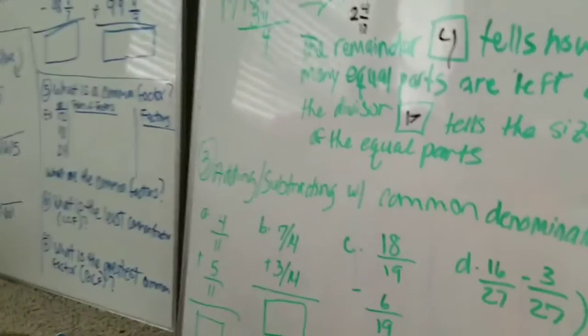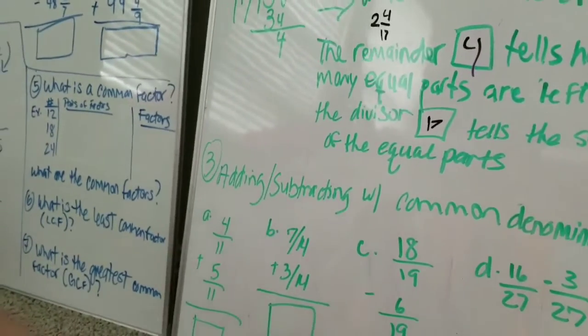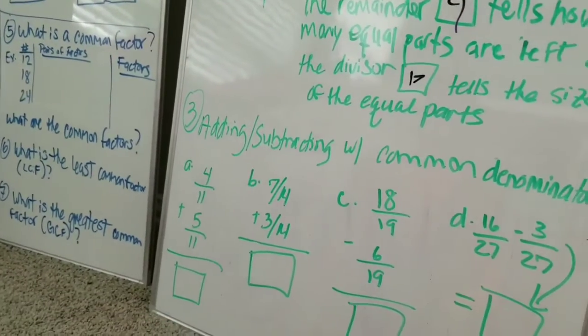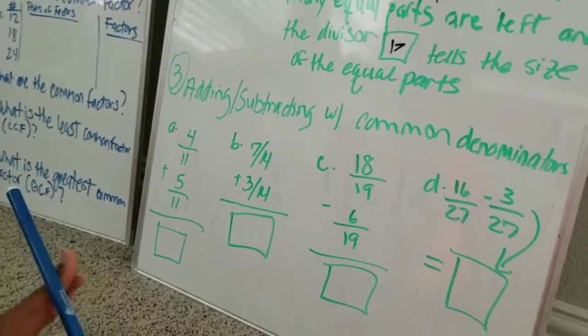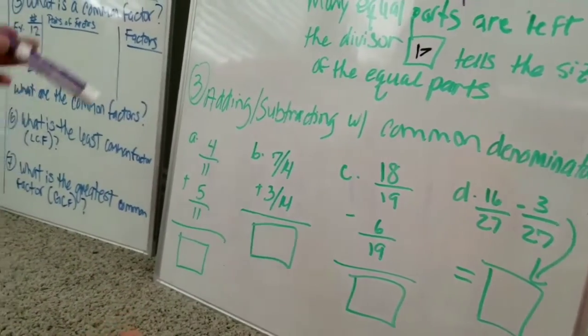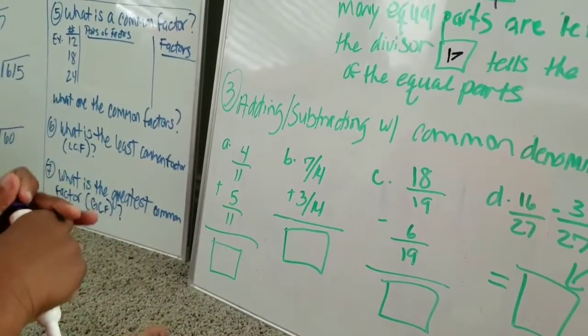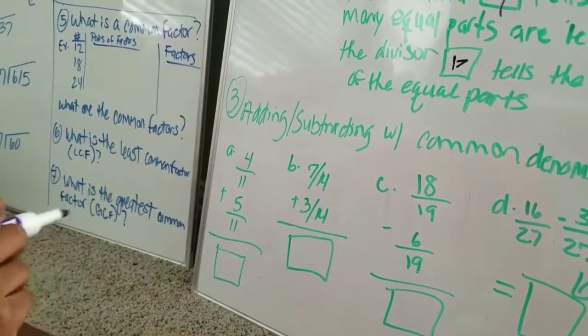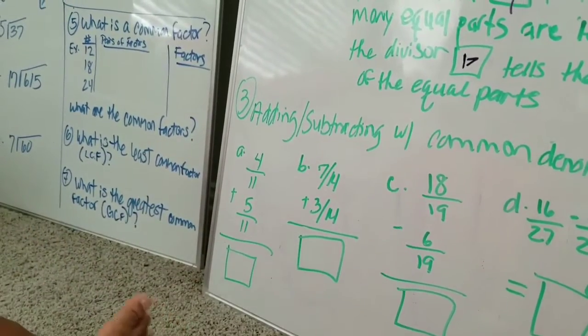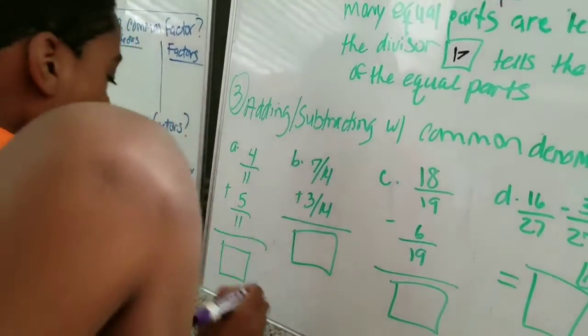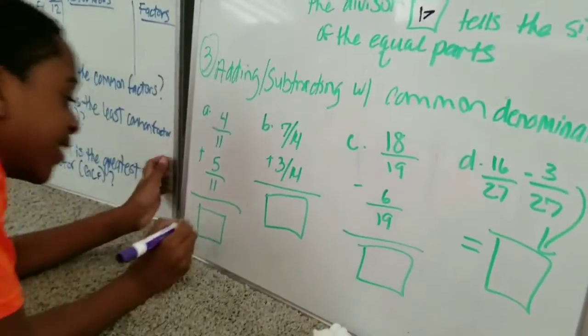Let's keep going. I want you to do those problems. I want you to add and subtract. All of them have common denominators. So if they all have common denominators, what do you have to do? Just add the numerators. Excellent job. Never add the denominators. Go ahead and get it down.